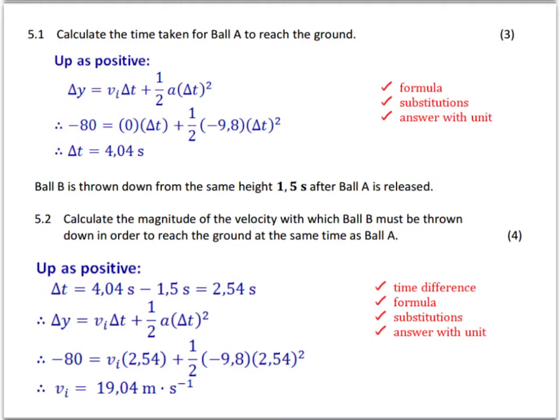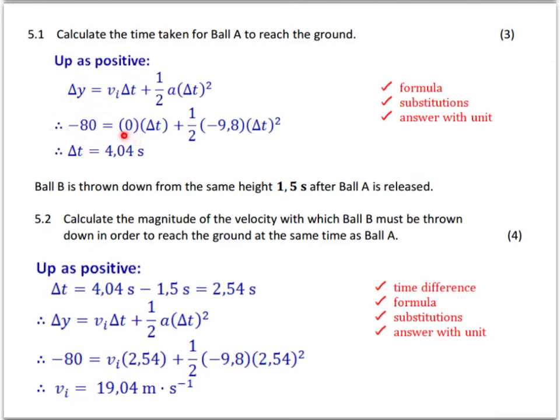Those of you who got this question almost right probably had an inconsistency in your signs here. Either your negative 9.8 you actually had as positive 9.8, or more likely you correctly put down negative 9.8 consistent with up as the positive direction, but you incorrectly put down 80 meters rather than negative 80 meters.